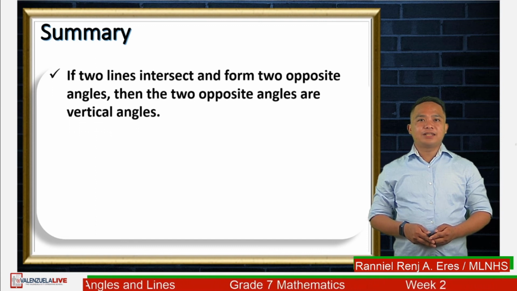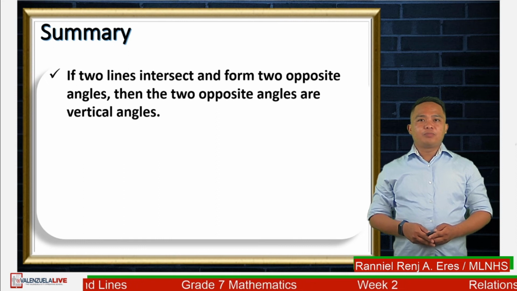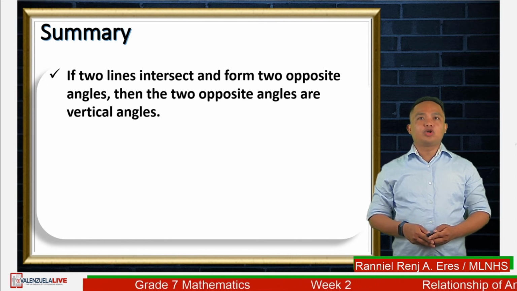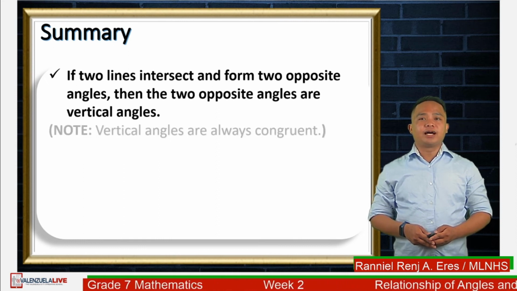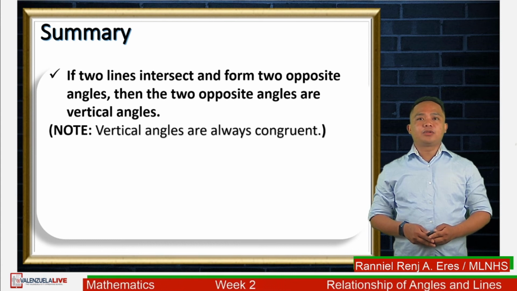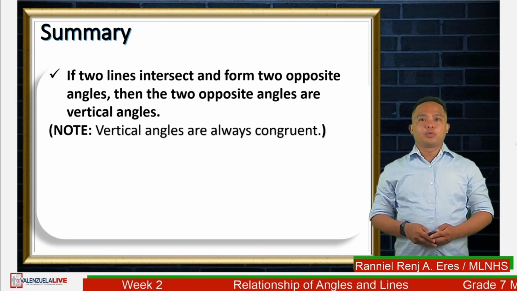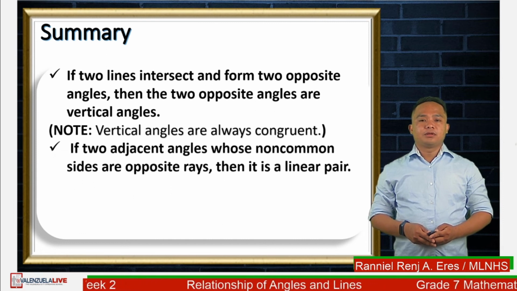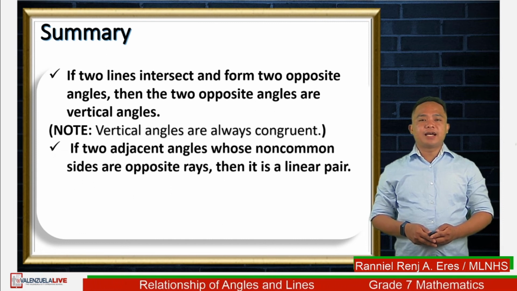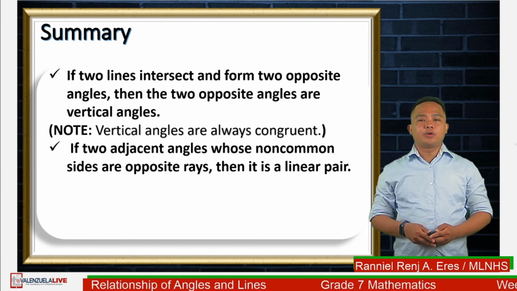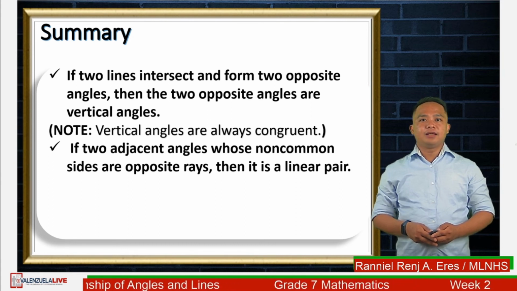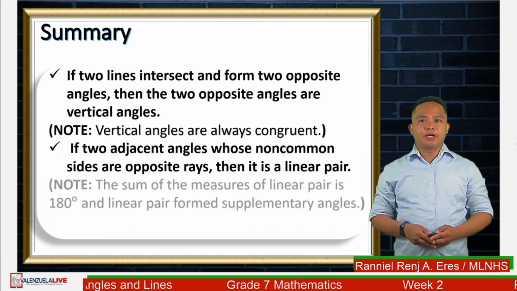If two lines intersect and form two opposite angles, then the two opposite angles are said to be vertical angles. And take note that vertical angles are always congruent. If two adjacent angles have non-common sides that are opposite rays, then it is called a linear pair.